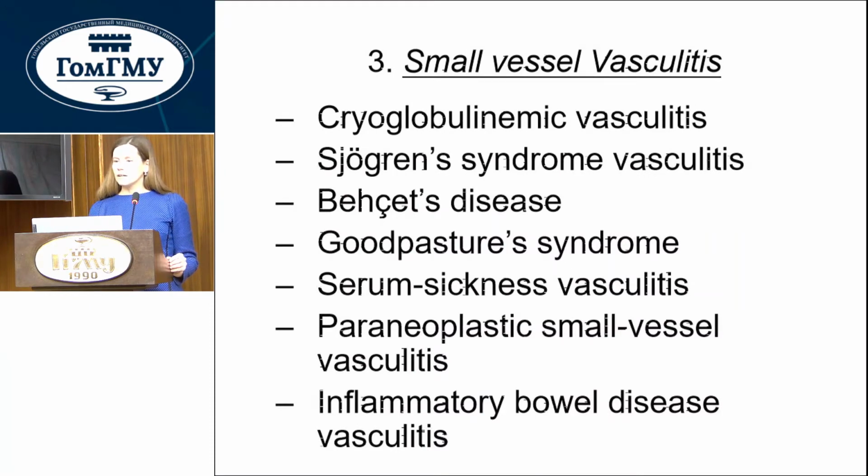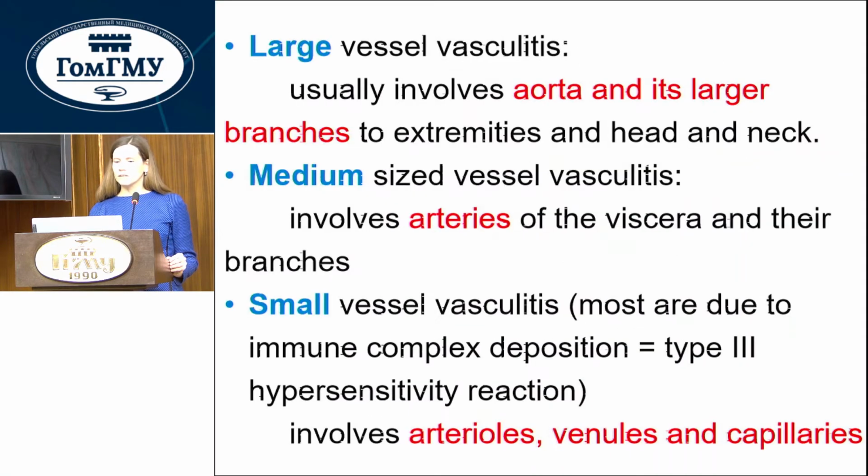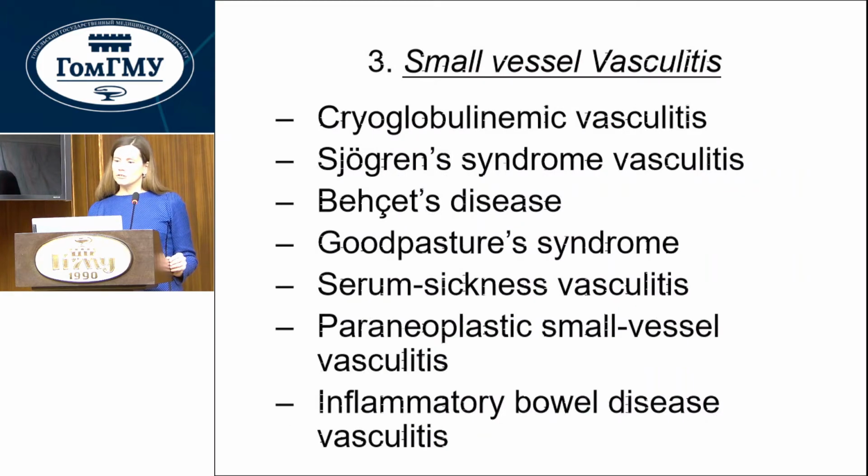Large vessel vasculitis usually involves the aorta and its large branches to the extremities and head and neck. Medium-sized vessel vasculitis involves arteries of the visceral organs, and small vessel vasculitis is usually due to immune complex deposition. Type 3 hypersensitivity reaction involves arterioles, venules, and capillaries.